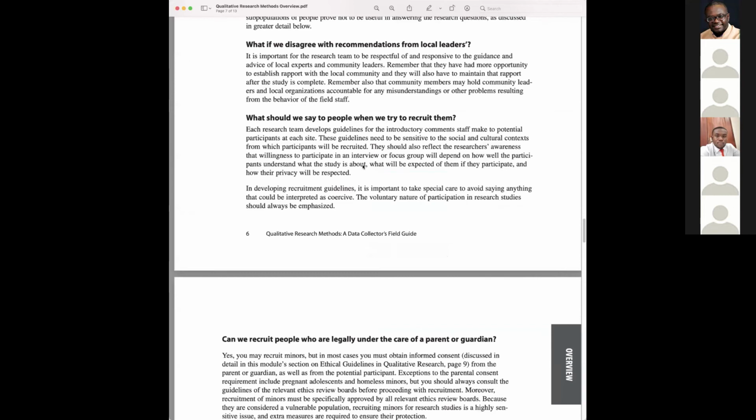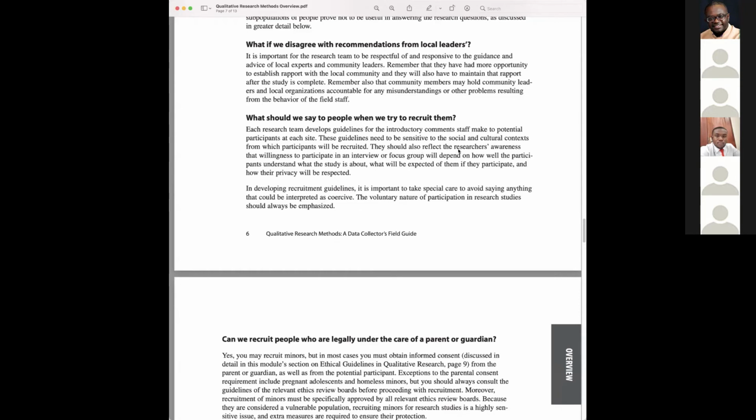Okay, so look at what it says about recruitment. Each research team develops guidelines for introductory comments staff make to potential participants at each site. These guidelines need to be sensitive to the social and cultural context from which participants will be recruited.